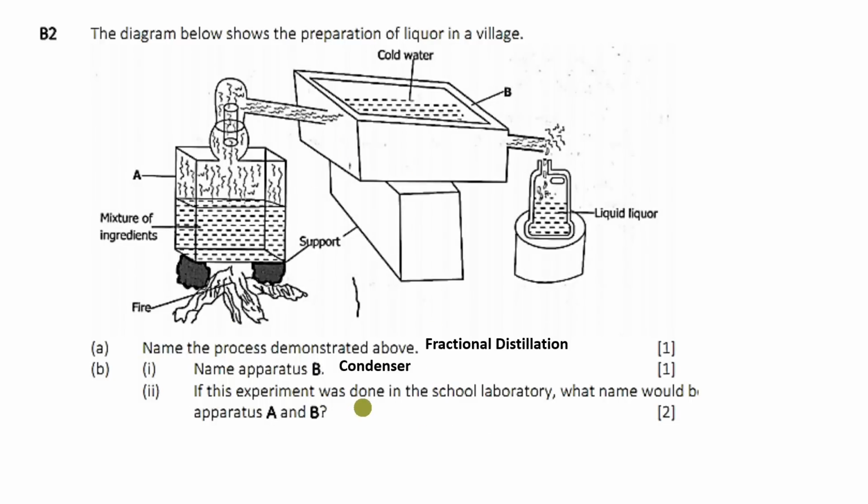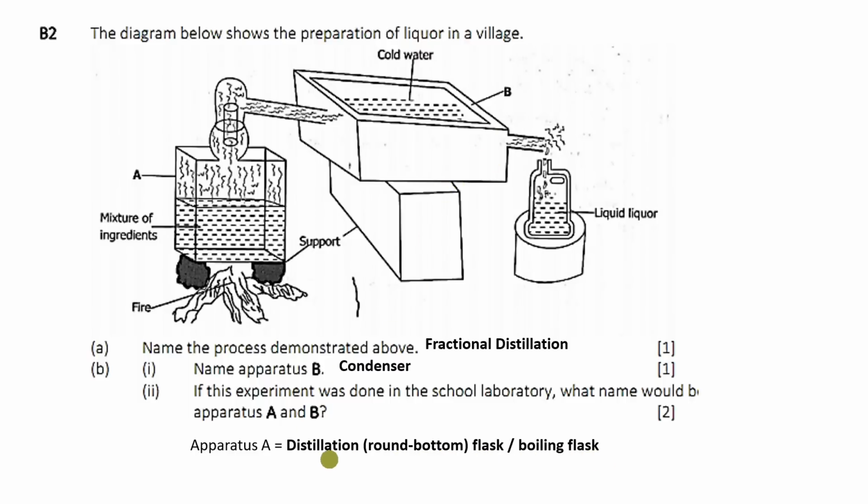We'll move a bit to answer Roman numeral 2. If this experiment was done in the school laboratory, what name would be apparatus A and B? A, this one, will be actually a distillation flask. A can be a distillation flask or round bottom flask or boiling flask.